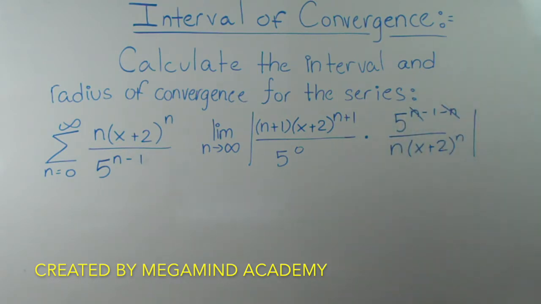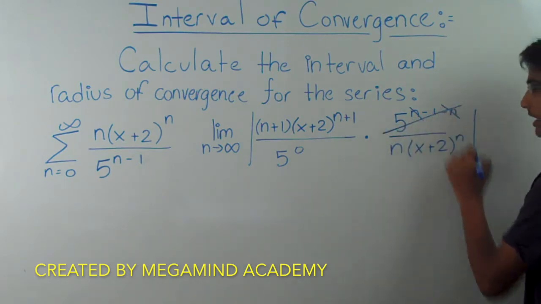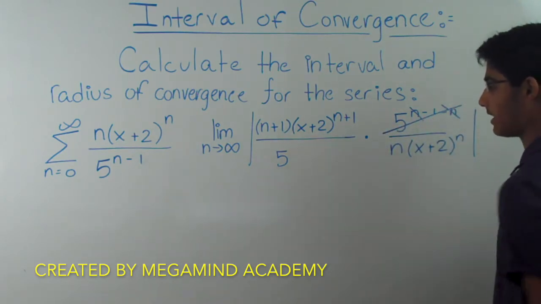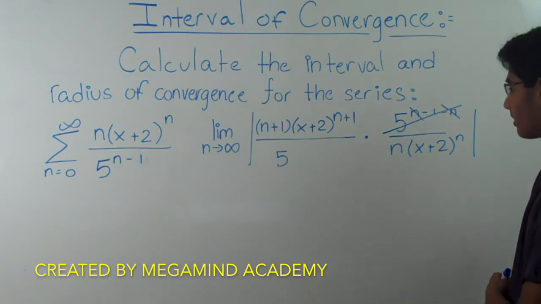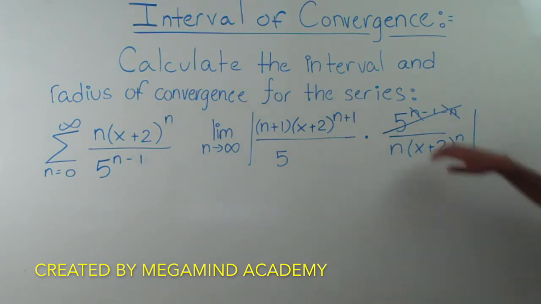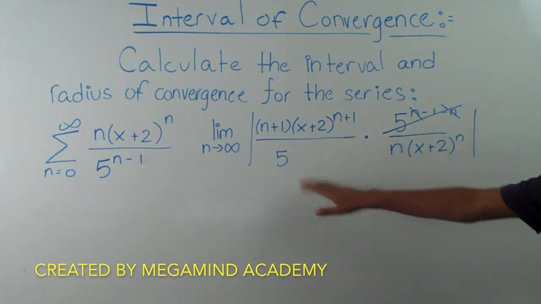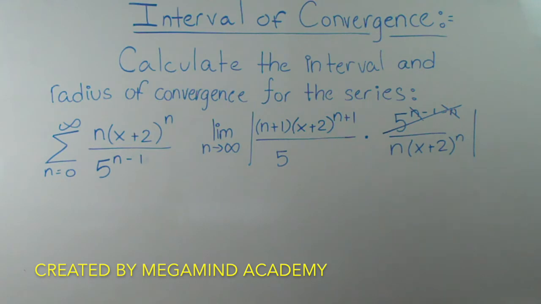So we get 5 to the negative 1 power. If we have 5 to the negative 1 power, then that means that this 5 gets cancelled out of the numerator, and we're just left with a 5 to the first power in the denominator. This was originally 5 to the n minus 1 power, and this was originally 5 to the n power, and because of exponent rules, we get just 5 in the denominator.